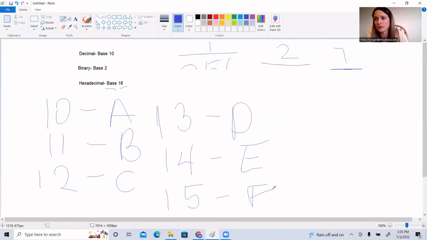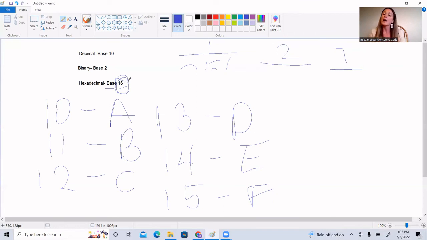You could not represent more than 15 in one single digit, because if you got to 16, well, remember, we're in base 16. If I get to 16, that means I need to regroup. I need to put a 1 in the 16's place and then nothing else. 1, 0 would be a 16 and nothing else.